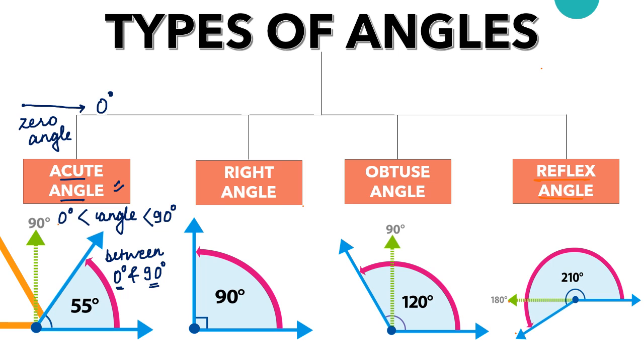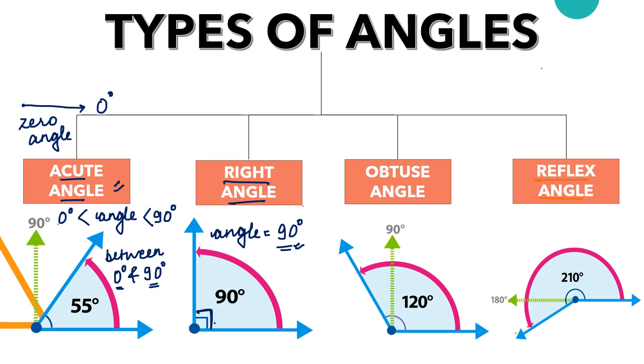Now if any angle measures exactly 90 degrees, then that angle is called a right angle. So all the angles which measure 90 degrees are called right angles.